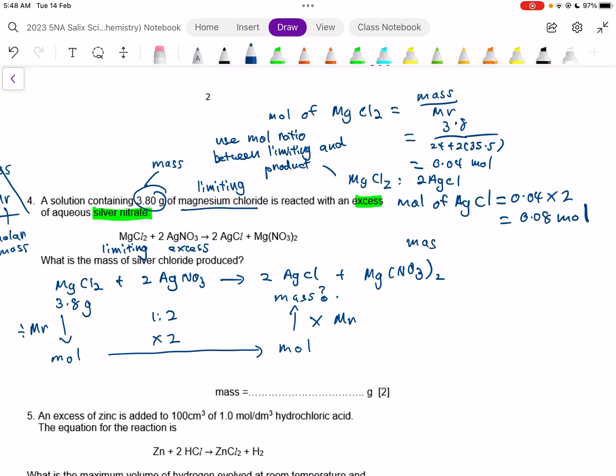So the mass of your AgCl is mole multiplied by MR. So that's 0.08 multiplied by the MR of silver chloride, which is 108 plus 35.5.